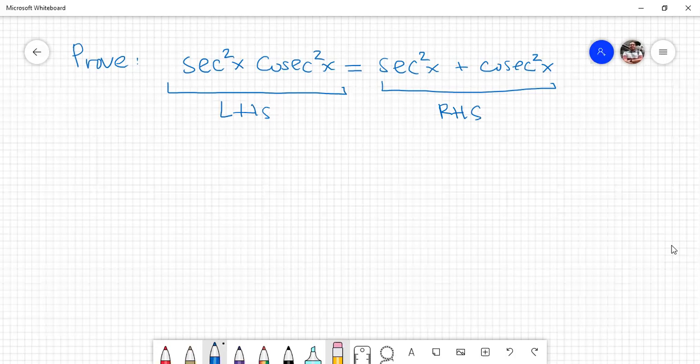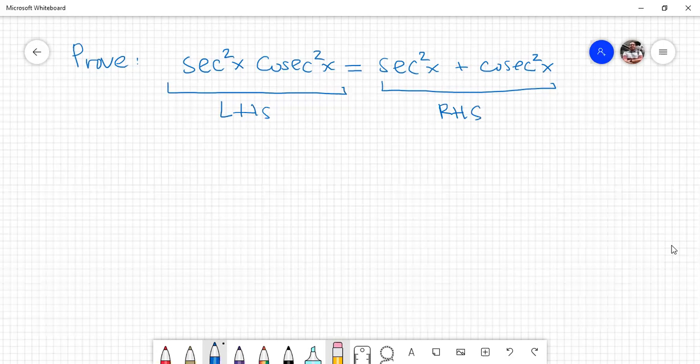Like what I have said before, you can choose either the left-hand side or the right-hand side. But I bet that you will be a bit confused about which one is the easiest to simplify.